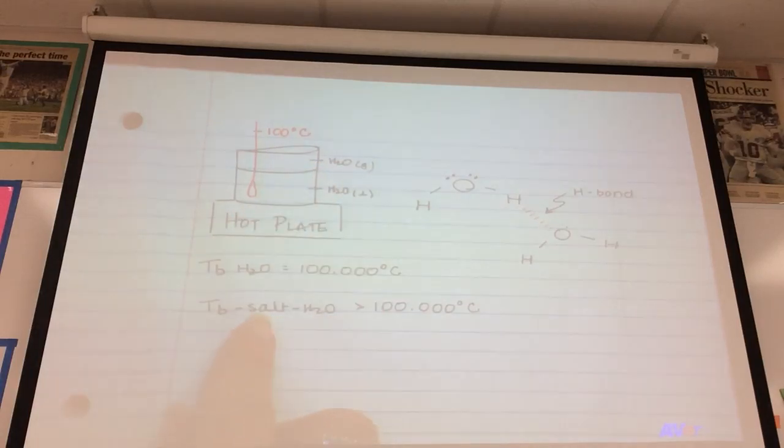When you add solute to solvent, it's almost as if you create a traffic jam, and it is more difficult to break these intermolecular forces, and as a result, the boiling point of a solution will be greater than the boiling point of the solvent from which it's made. So the boiling point of a solution is greater than the boiling point of its corresponding solvent.